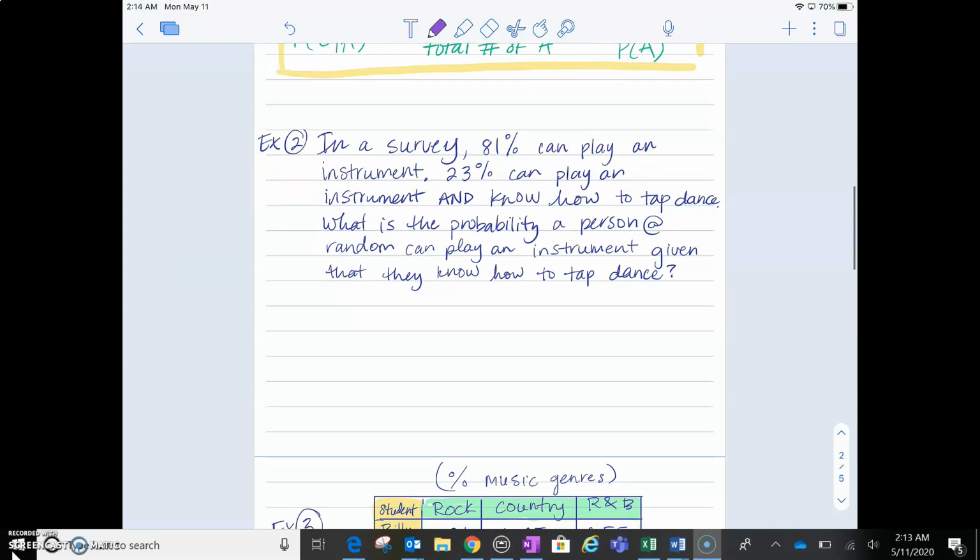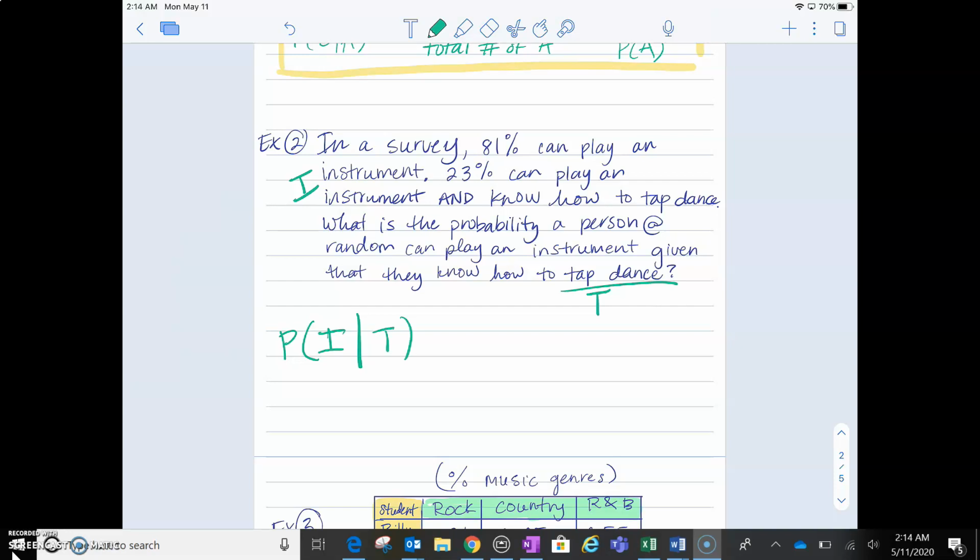Ooh, that's fun. I'm going to use T for tap dance and I for instrument. So we're looking for the probability that a person can play an instrument, I, given that they know how to tap dance.